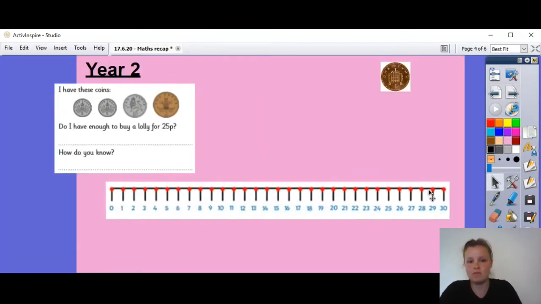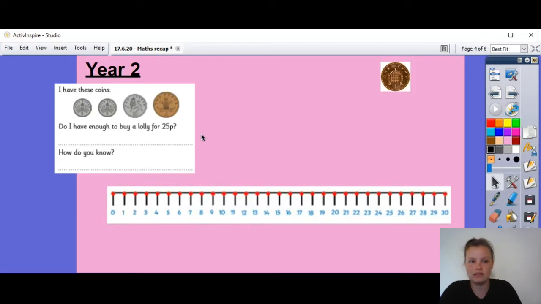Okay, so we're starting with a money question today as well. Okay, so I have these coins. Can you remember what these coins are before I say them, actually? Can you remember what these coins are?